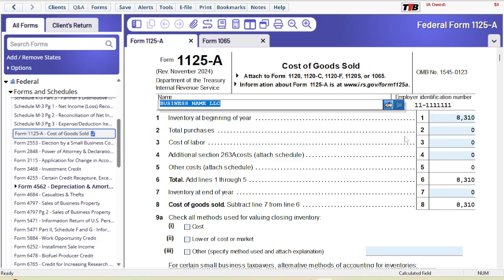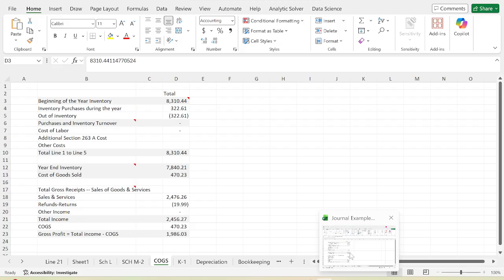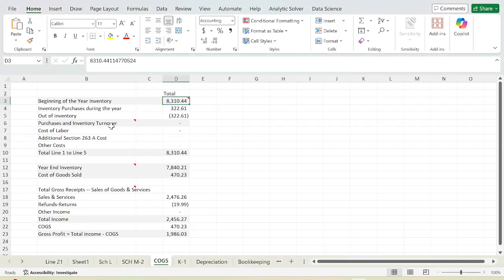Line 2, total purchases. If you purchase product during the year, you are going to put that on line 2. Here, we didn't purchase any, but we move raw material from inventory, and we make finished product and put it back in inventory.